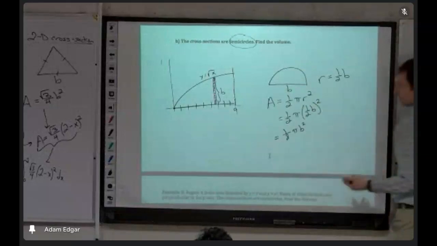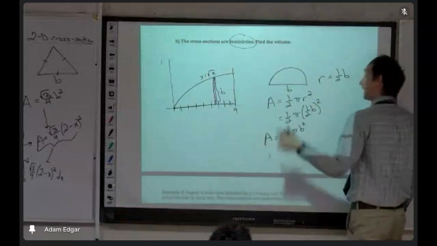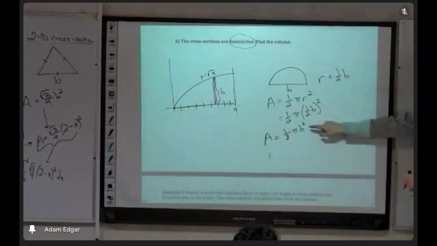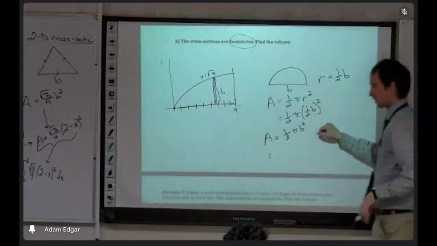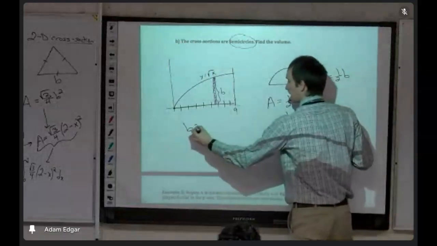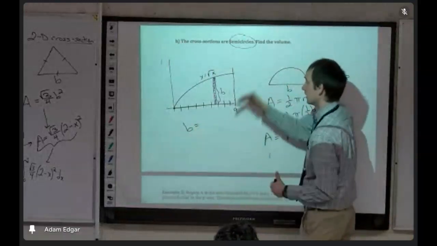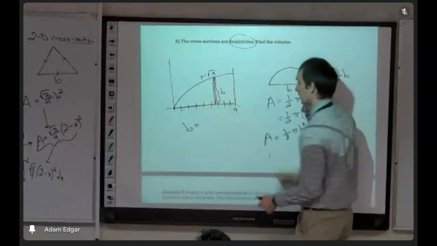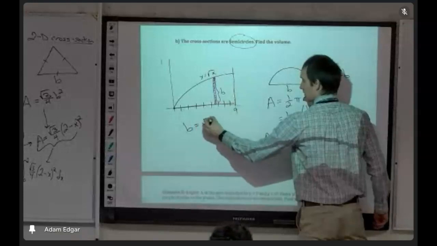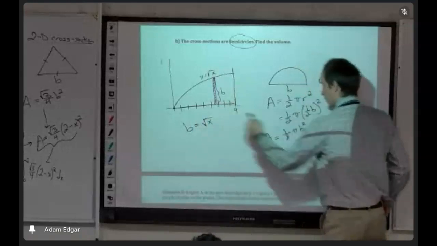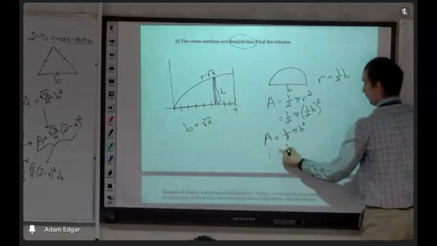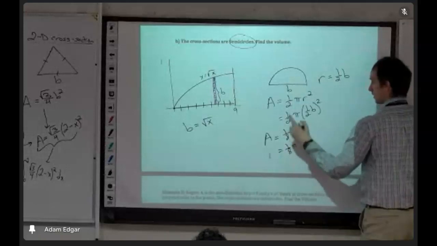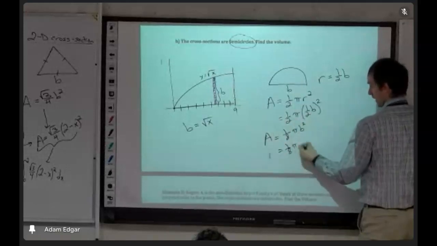And then we need to come back to this b and say, well, b is really something in terms of x. So we come over here and say base b in terms of x is the distance from the top of the curve to the bottom of this region, and that distance is still root x. So you take this over here, and we have 1/8 pi, and then root x squared is just going to be x.